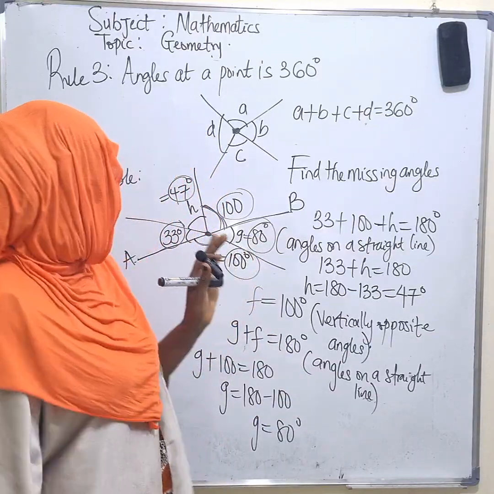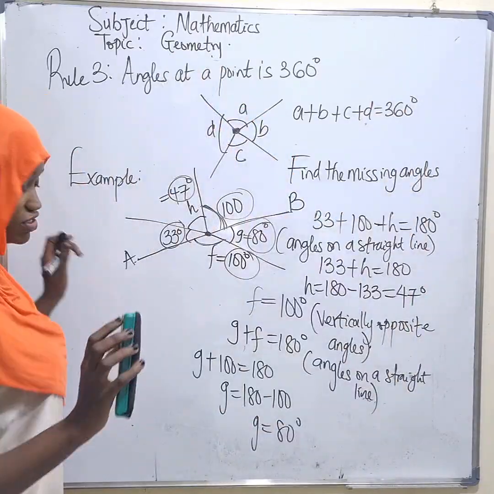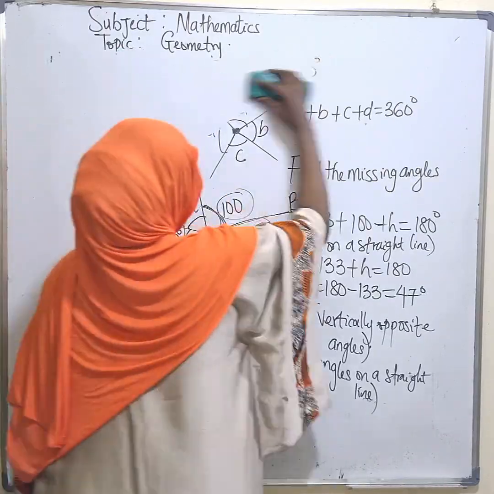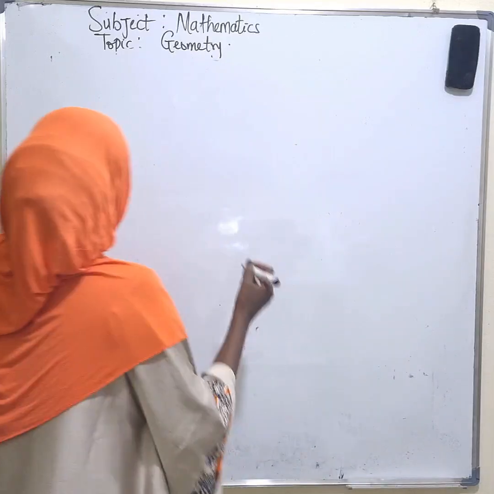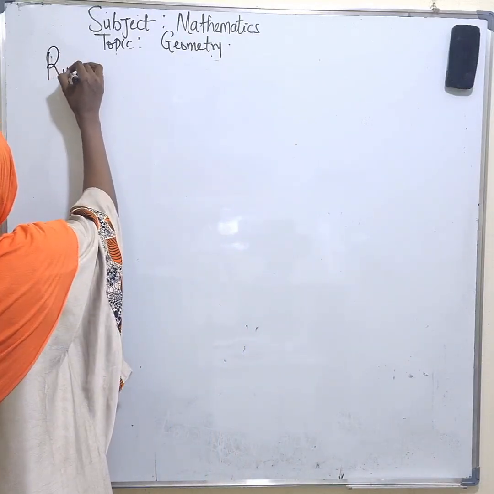All right, so we're good to go. Let's go to the fourth rule. Rule four. If you know all these rules and you apply them, this is a foundation, very, very important. Now let's look at rule four.